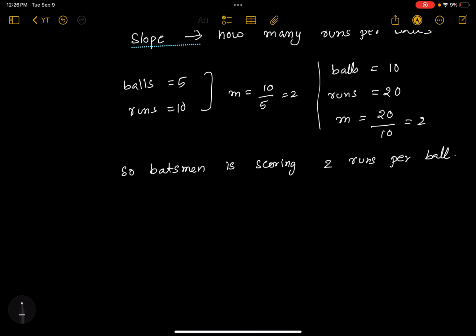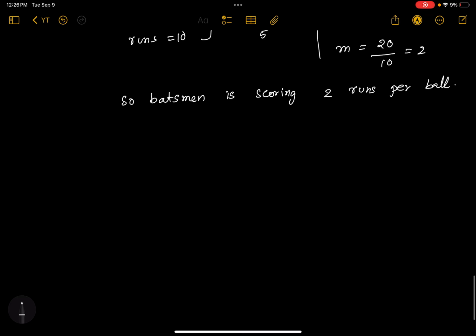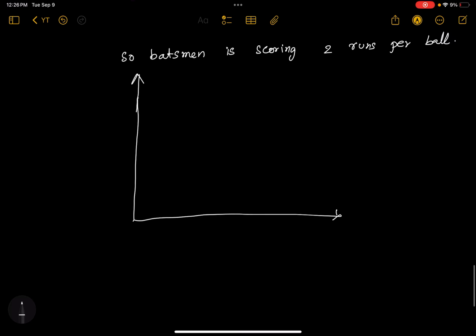Did you get the idea? Let me show you this on the graph. If I draw a graph, I'm bad at drawing, please bear with me. So x is balls and y is runs.